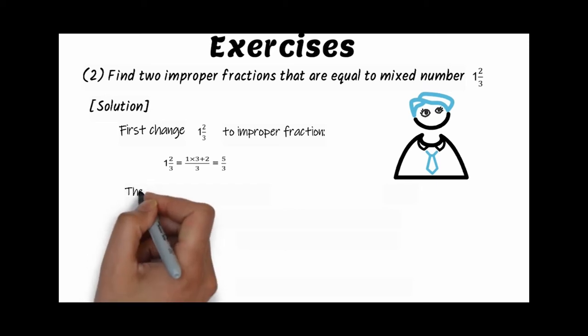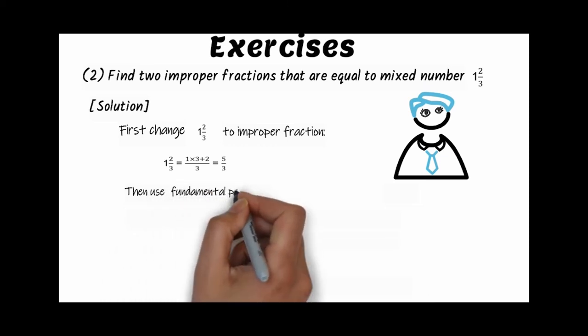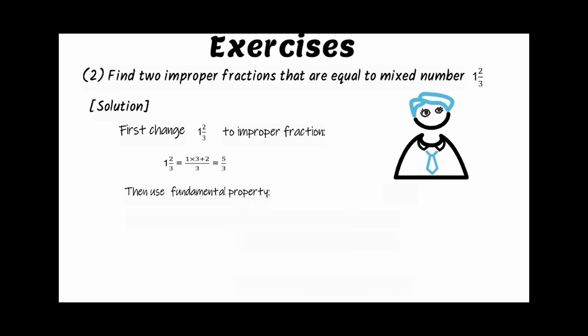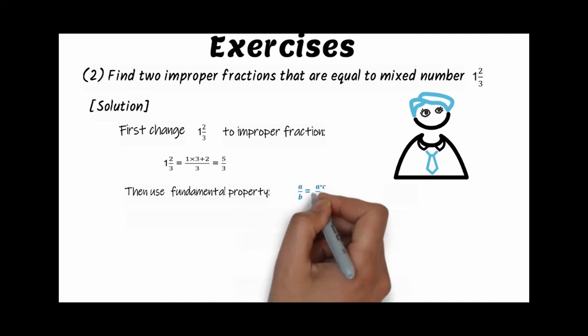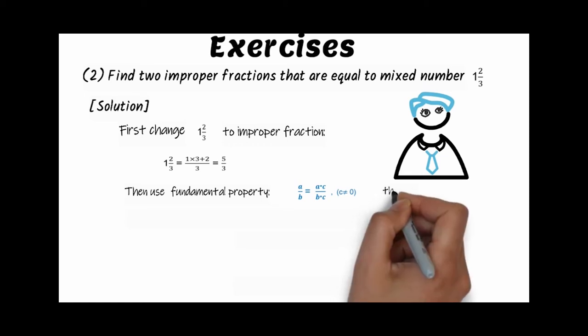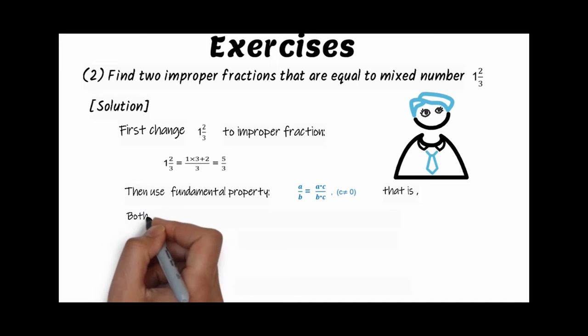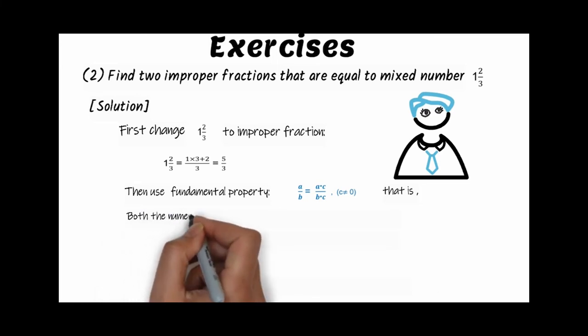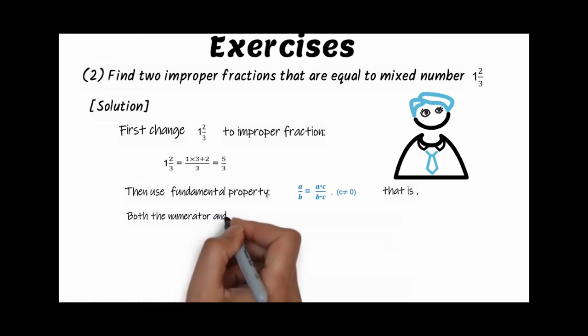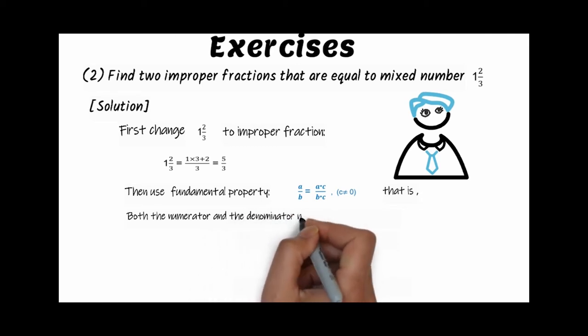Then we're going to use the fundamental law of fractions to find two equivalents of it. The fundamental law of fractions says, given a fraction, if I multiply both the numerator and the denominator by the same non-zero number, the value is the same. So in our case, we're going to multiply the same number to the numerator and the denominator of our improper fraction, which is 5/3.